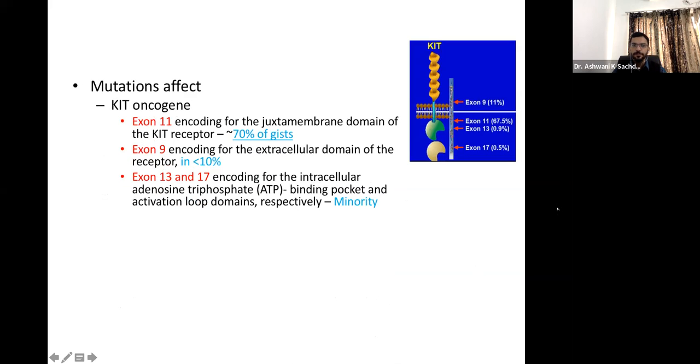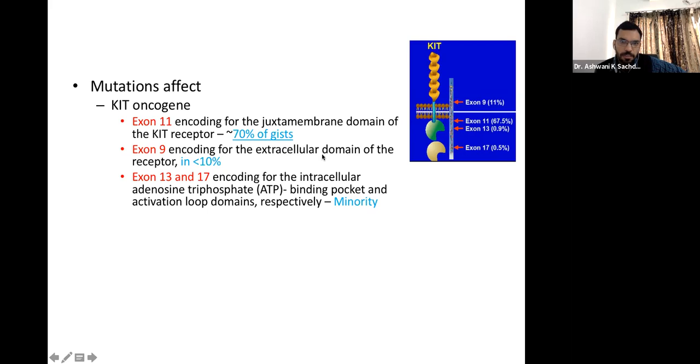In KIT oncogene, mutation usually affects the juxtamembranous domain of the KIT, in exon 11. It is along the membrane, and this is called the juxtamembranous domain. It is present in about 70% of the GIST.